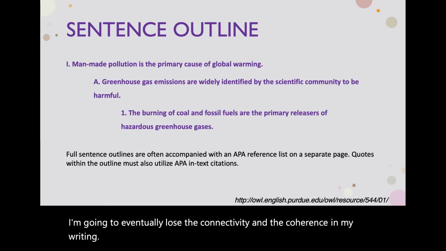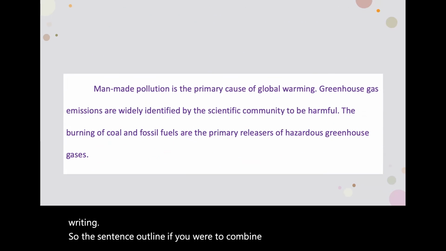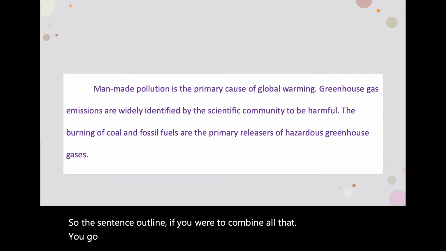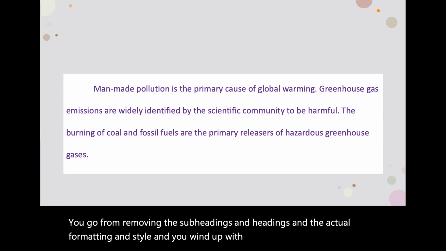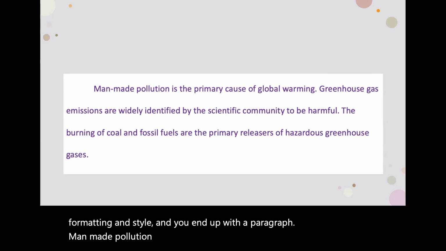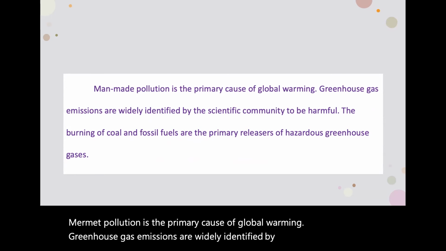So the sentence outline, if you were to combine all that, you go from removing the subheadings and headings and the actual formatting and style, and you wind up with a paragraph. Man-made pollution is the primary cause of global warming. Greenhouse gas emissions are widely identified by the scientific community to be harmful.